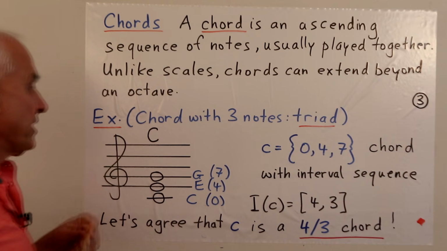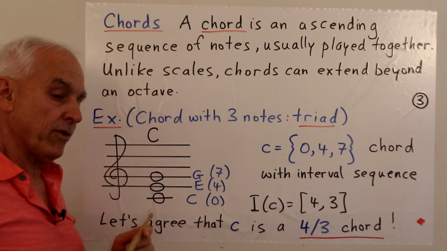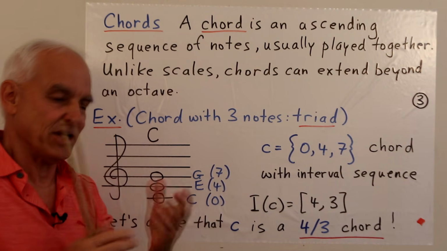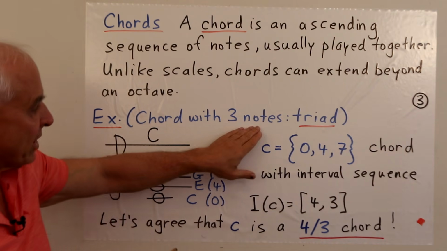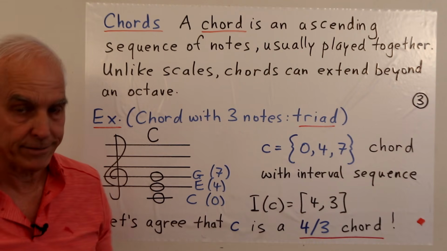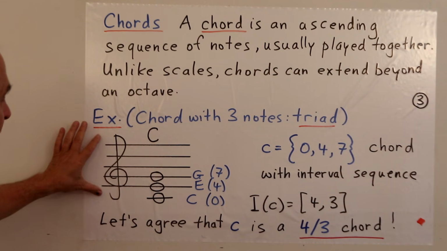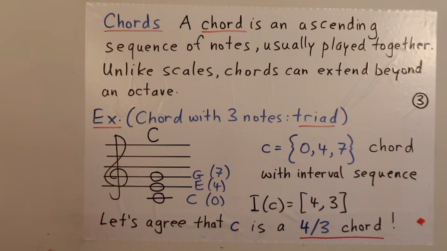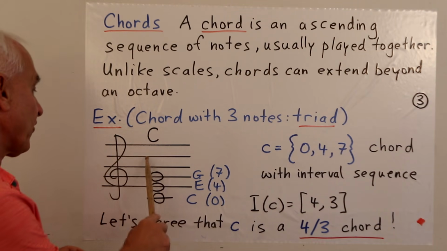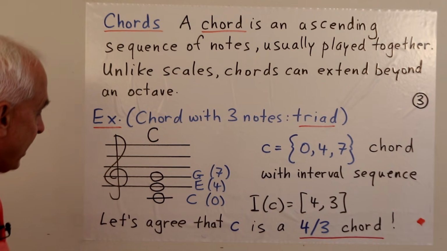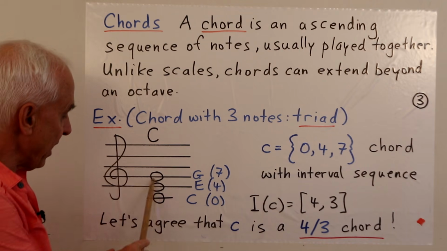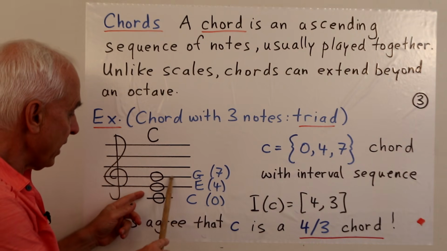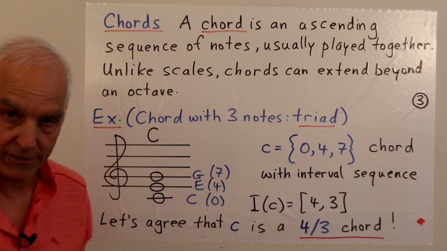Okay, so some examples. The simplest chords, other than the intervals between two notes, which is usually not called a chord, is the 3-note chord called a triad. Here's an example of a triad in the usual notation that we have, where we have 5 bars, and notes can be represented by these circles, and the circles are either lying on a line or lying in the space between two lines.